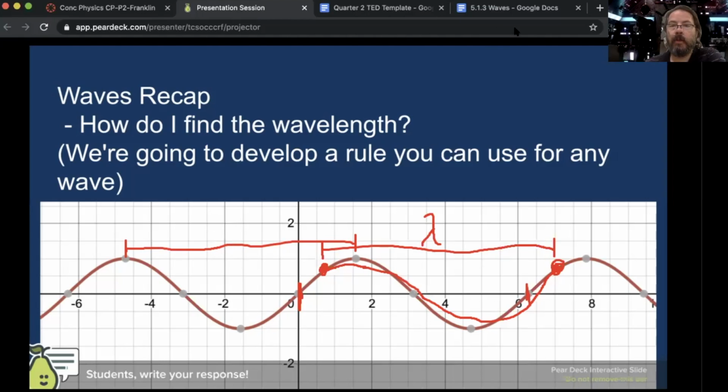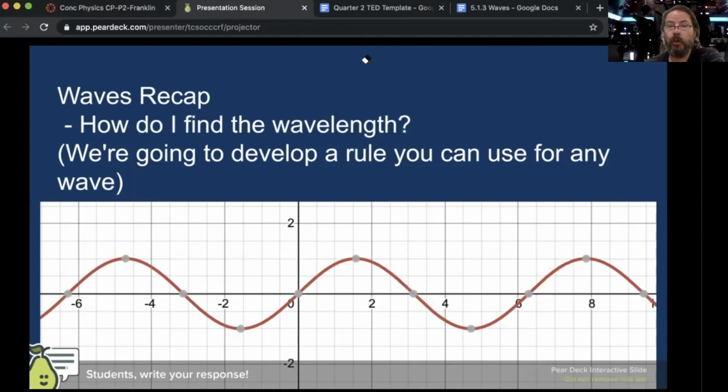Okay? And a wave is made of 2 pulses. We've got the one pulse going up, but then we've got the reflective pulse going down. So the one wave is really basically 2 pulses.